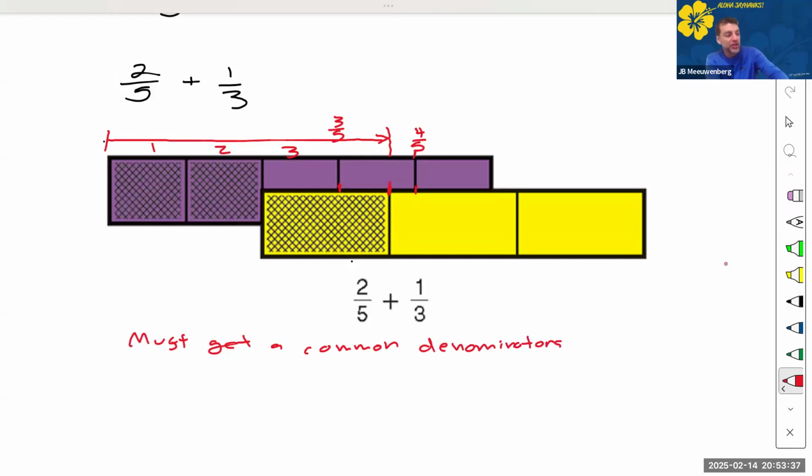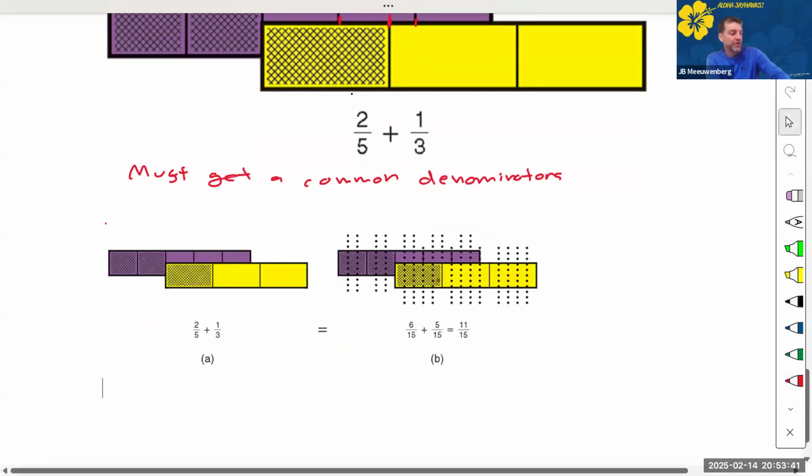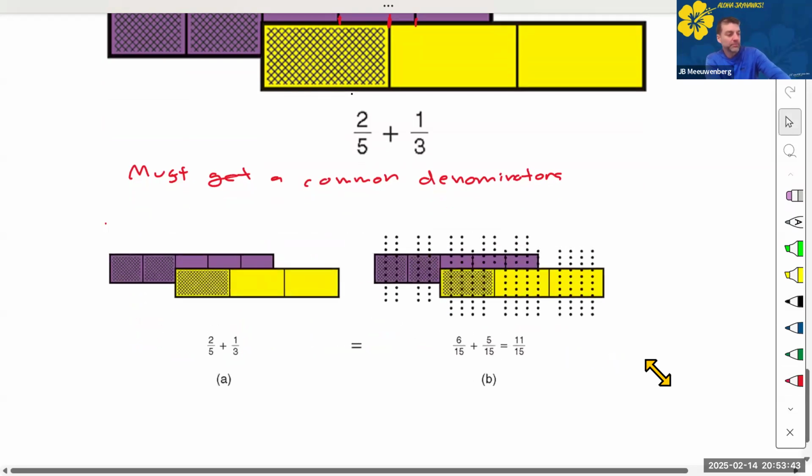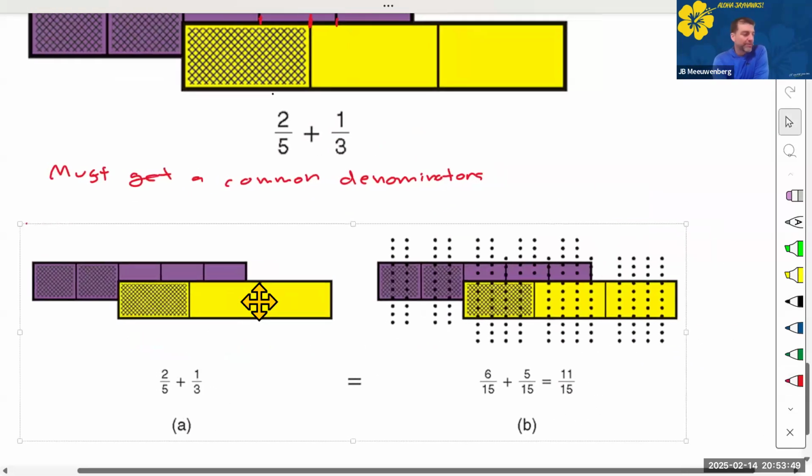Here's what a visual would look like of this scenario. This may take a moment for you to digest, but here's where we started over on the left.